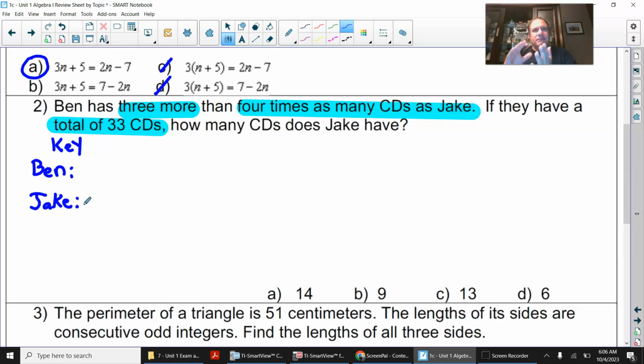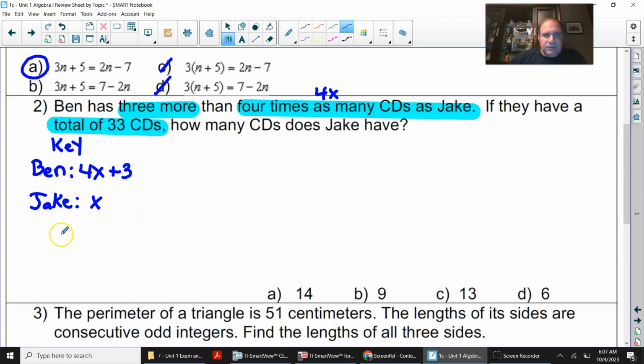There's always one person that's like the variable, the x, so you have to figure out what that is. Jake is the variable that's alone. So 4 times as many CDs as Jake is 4x. 3 more than 4 times.